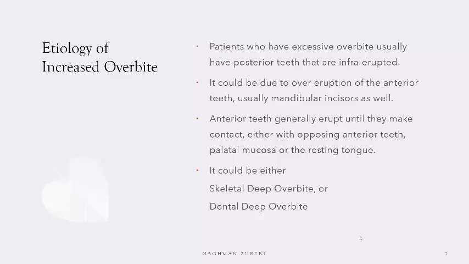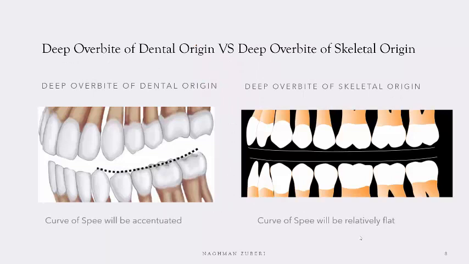This increased overbite or deep overbite could be skeletal or it could be dental. How to differentiate between the two? Usually questions in the board exams come on that aspect as well: how you will differentiate between the dental origin deep overbite and the skeletal origin deep overbite.